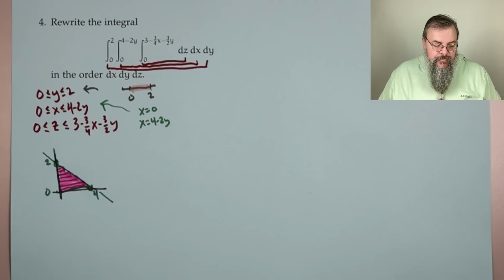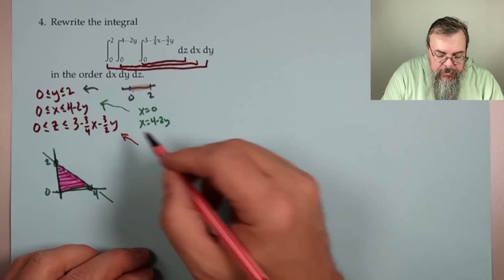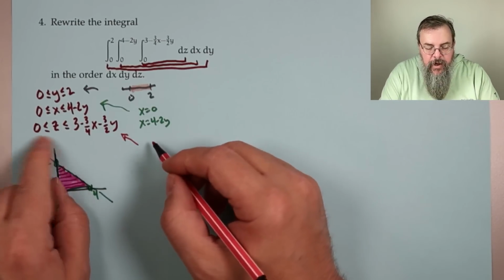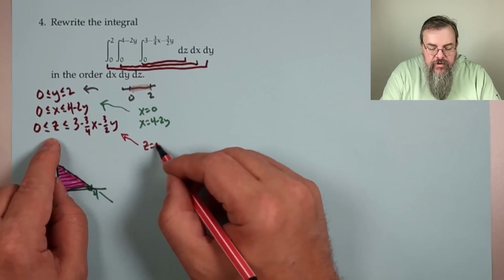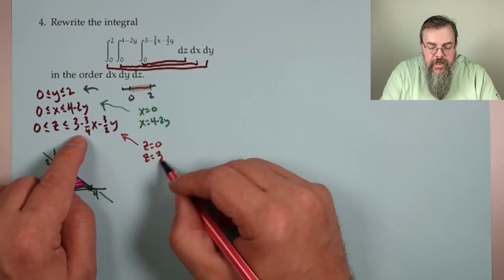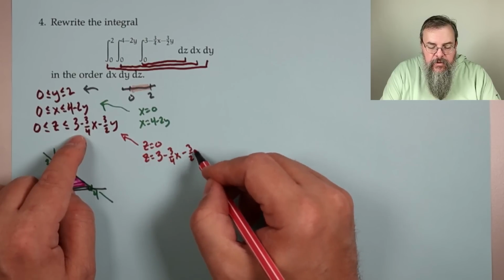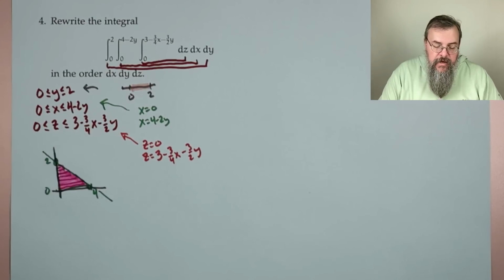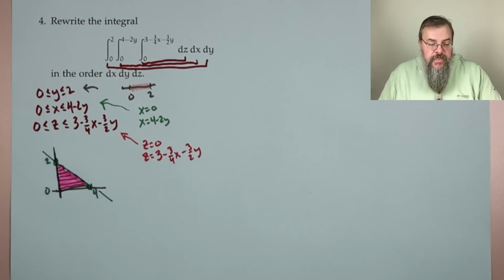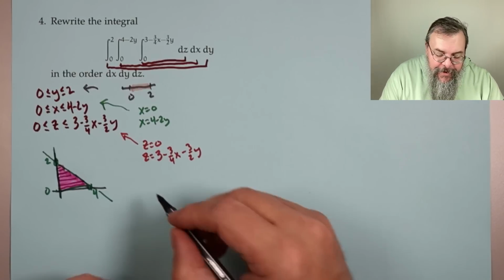Okay, so let's first off, before I sketch anything, I'll mention the surfaces. Bottom surface, z equals 0. The top surface, that's z equals 3 minus 3/4 x minus 3/2 y. All right. So, it's going to be a little bit sketchy here, but that's okay.